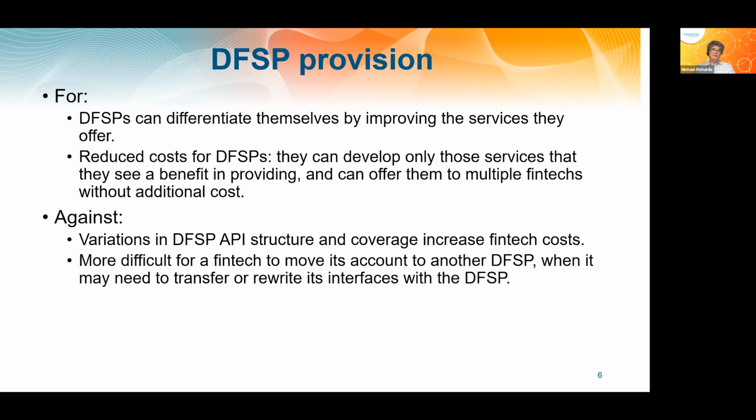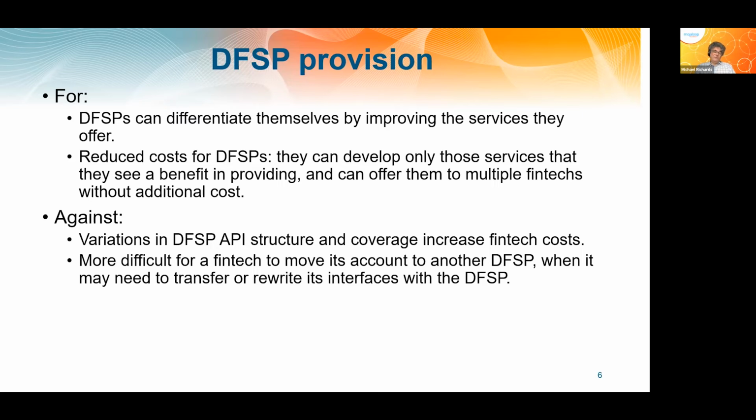So fintechs would find themselves having to generate potentially quite a large number of different interfaces to be able to interface with different DFSPs, which might be a significant problem, let's say, for a fintech like the one in the example, which provides payroll services. So for each bank where an employer had an account, they would have to have potentially a different interface in order to provide their payroll services to that employer.